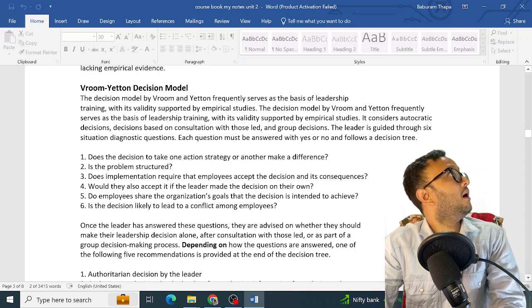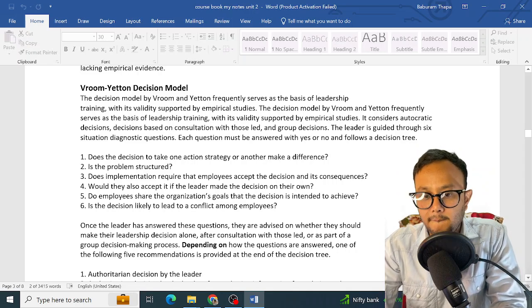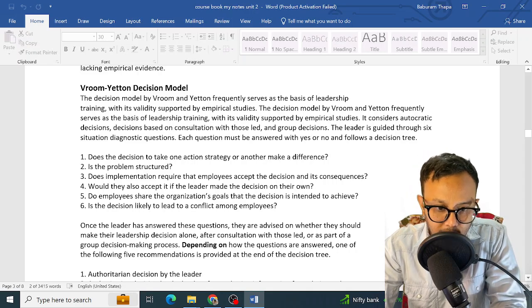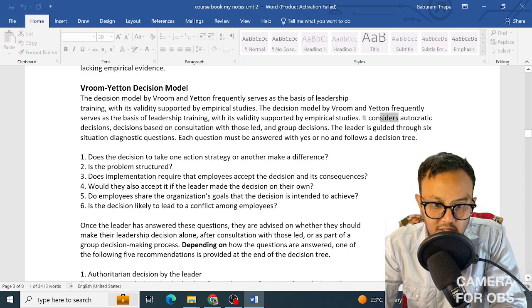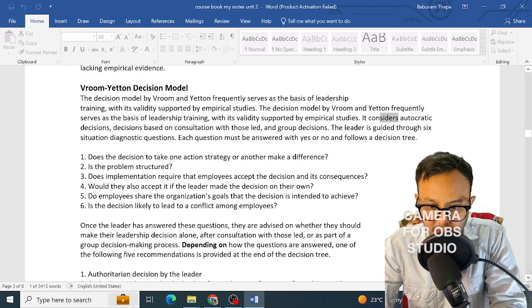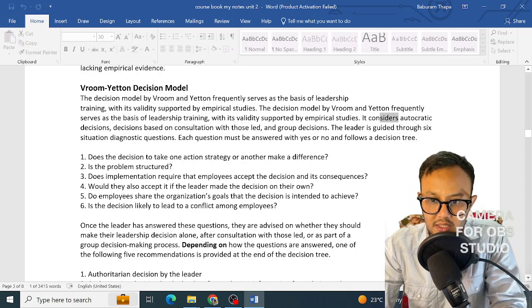It considers autocratic decisions, decisions based on consultation with those led, and group decisions. So it considers three decision models.